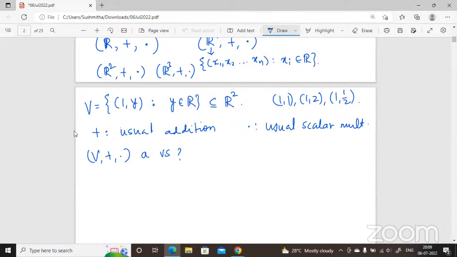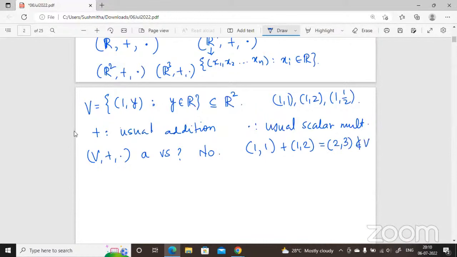No. Okay, why not? Because when we add two vectors, if the other vector has something other than one in the first component, then we will have something different there. Yeah, exactly. (1, 1) and (1, 2) belong to V, but when we add them, we get (2, 3).